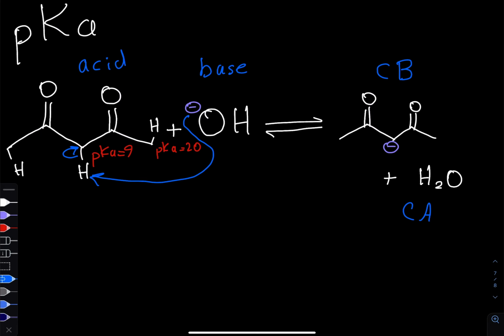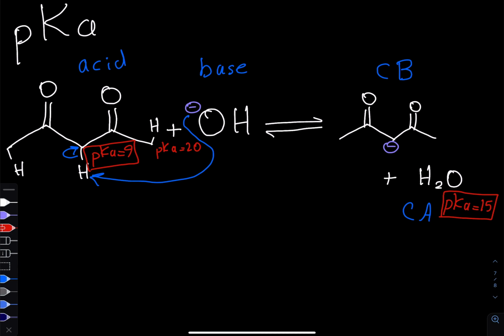So, for the acid that we had in the reactants, we had a hydrogen with a pKa of 20 and one hydrogen with a pKa of 9. You want to pick the one with the lowest one. So, for this acid, it was a pKa of 9. For water, we remember from our list, it has a pKa of 15.